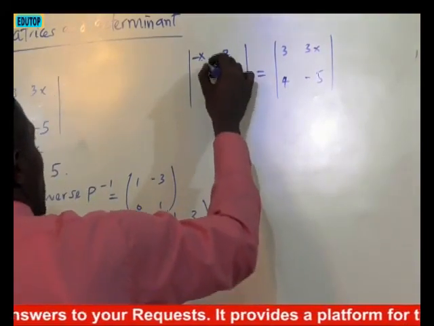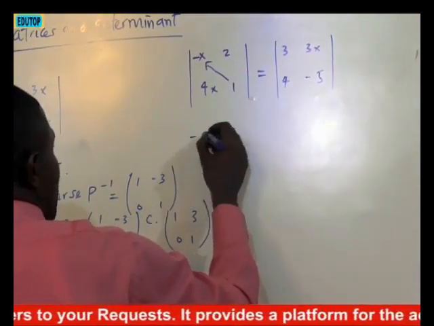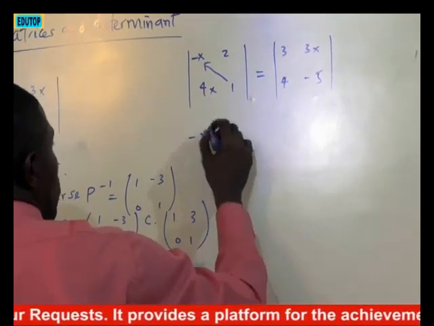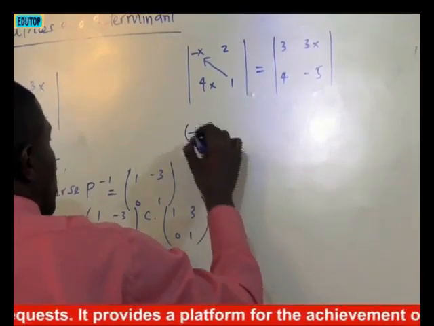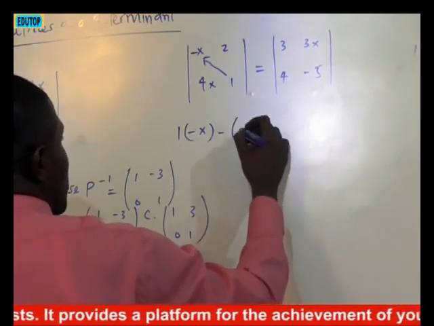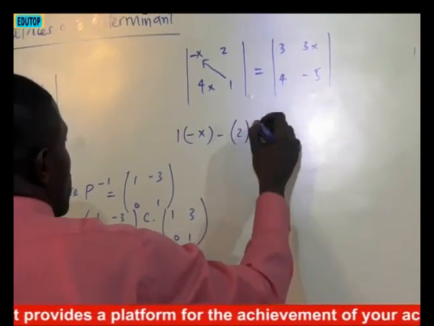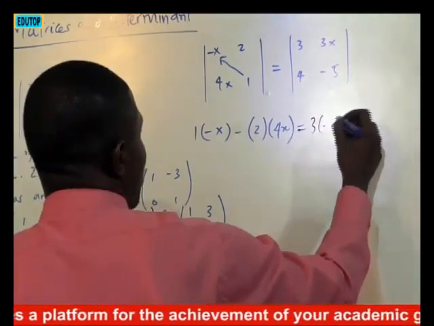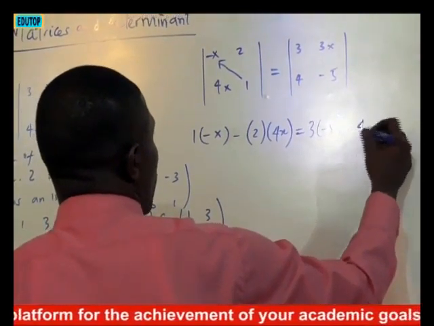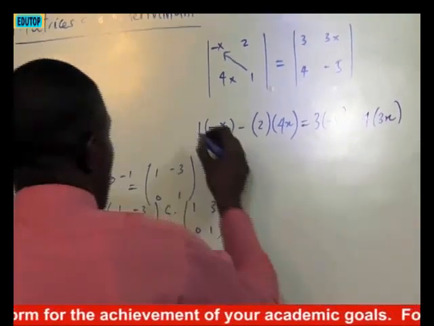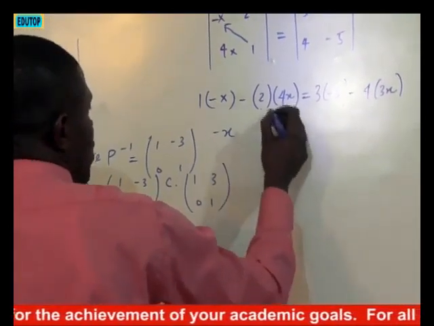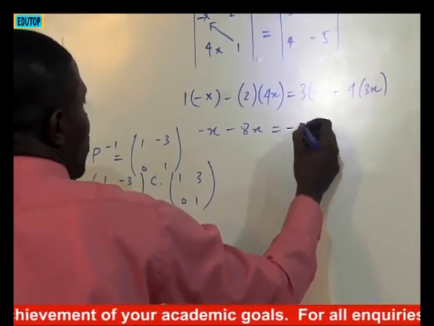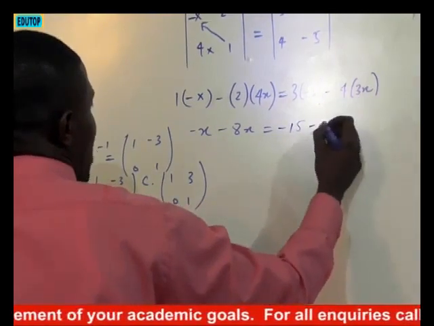Now, how do you do that? 1 times minus x minus 2 times this, just like saying 1 into minus x minus 2 into 4x equals this again, 3 into minus 5 minus 4 into 3x. 1 times minus x, 2 times this, minus 8x equals 3 times this, minus 15, minus 4 times this, minus 12x.